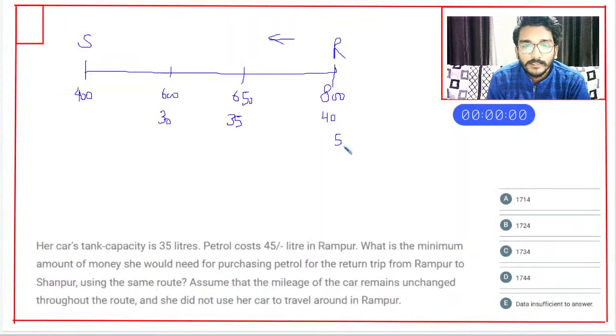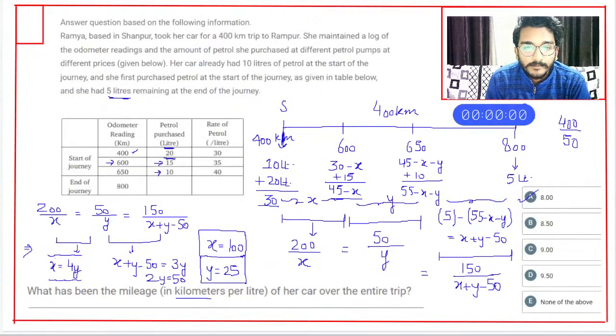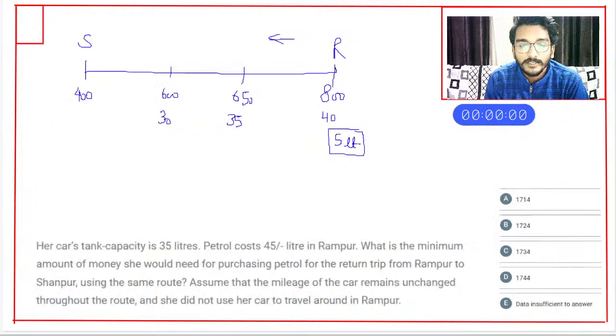Okay, she has 5 liters right now. Now she has to go back and we have to find the minimum amount she has to spend. So this distance, we already know that the mileage is 8 kilometers per liter.